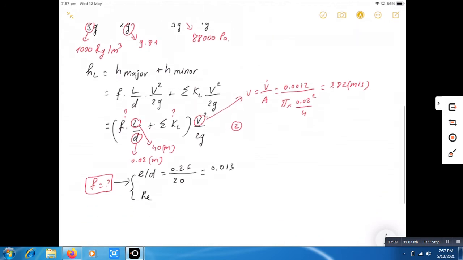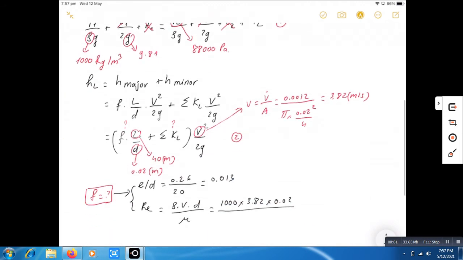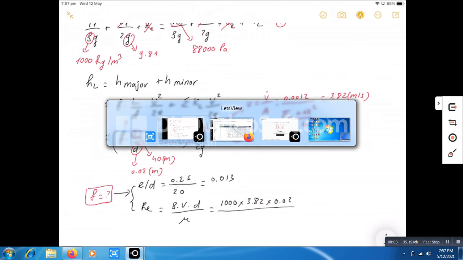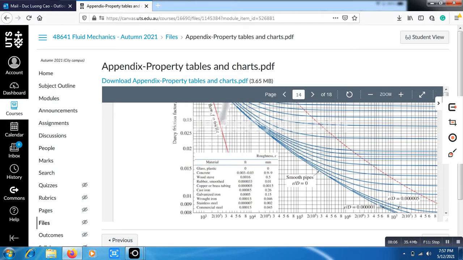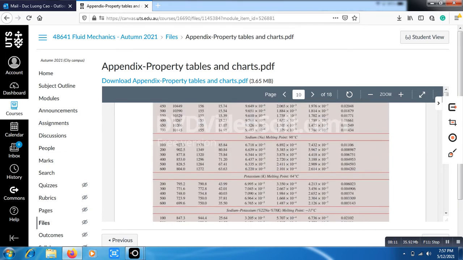Reynolds number equals rho V D over mu, with rho 1000, velocity 3.82, and D, the diameter, 0.02. For viscosity, in this question the water temperature is 10 Celsius, so we have to find the viscosity of water at 10 Celsius. We have table 8.3.